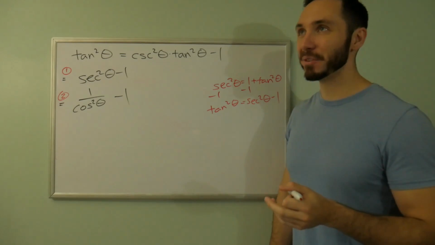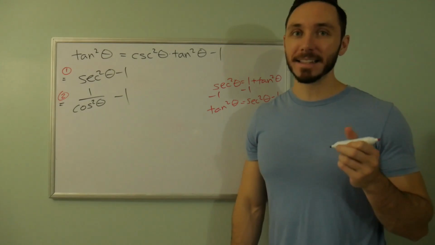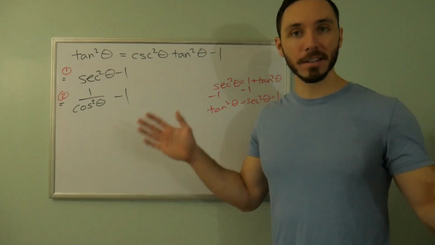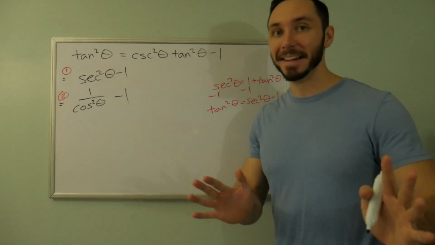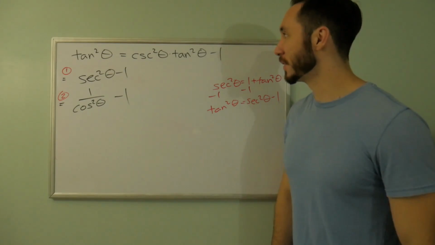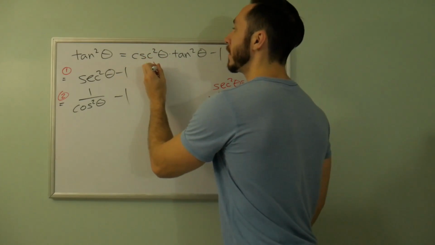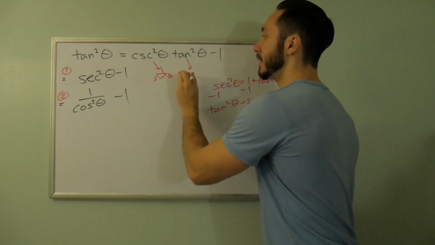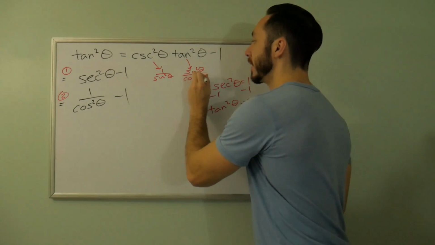Now, this is the step that's hardest to see, and it really is in the same spirit of what my student said: where are some of these expressions coming from? It seems like you're pulling them from thin air. Yes and no, really, because I know that cosecant squared is 1 over sine squared theta, and I know that tangent squared is sine squared theta over cosine squared theta.